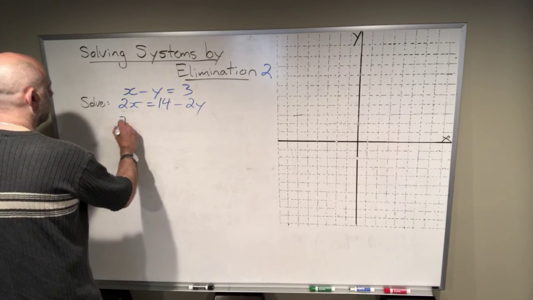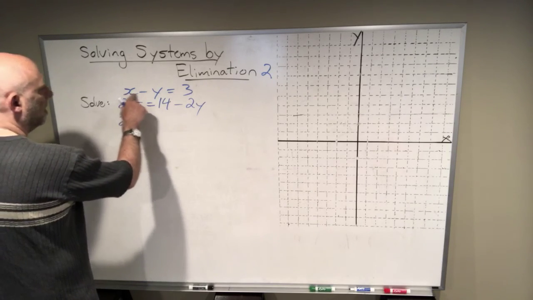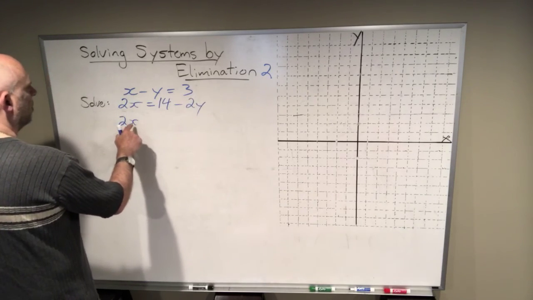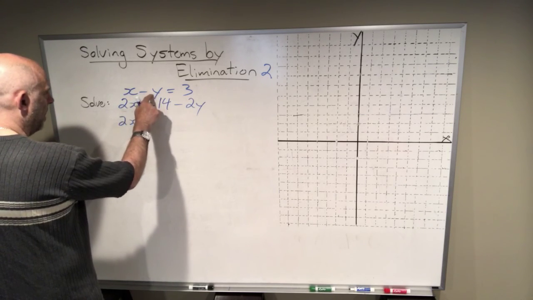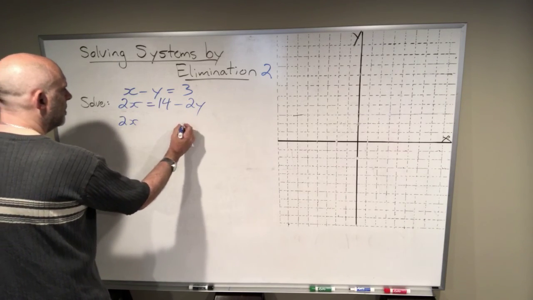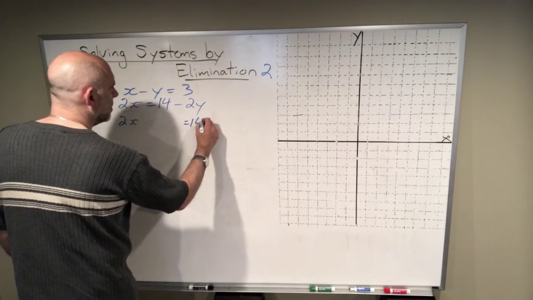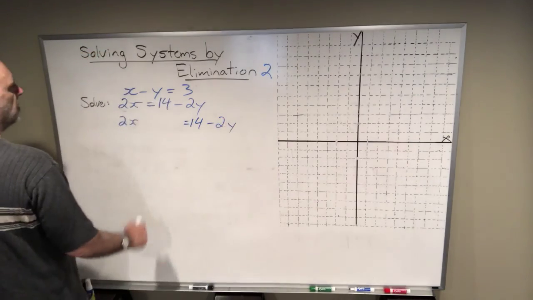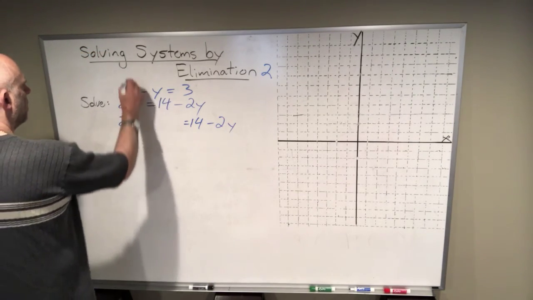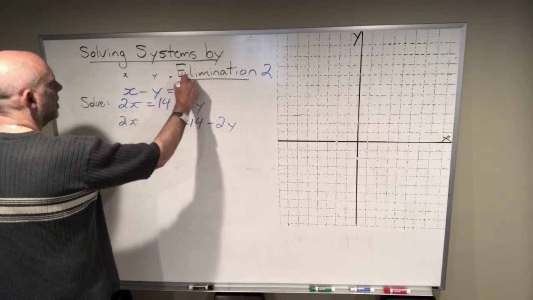I'm going to take the 2x, and I want to arrange it the same way as the first equation. So I'm going to take the 2x, and then y is next. So next I want the y term. X, y equals number.